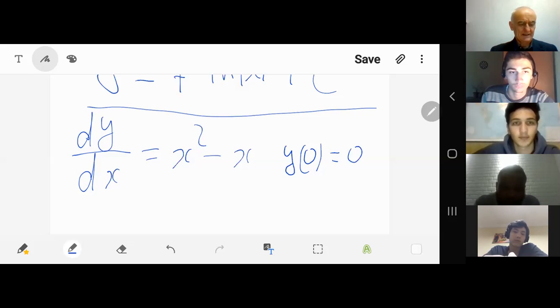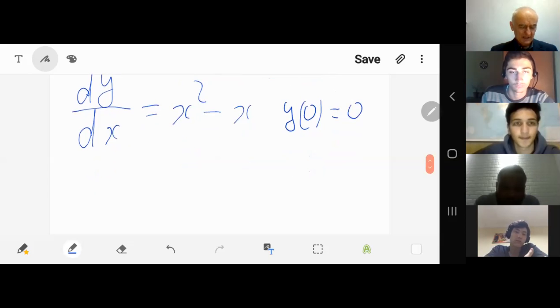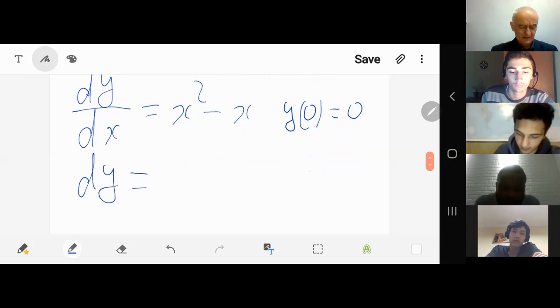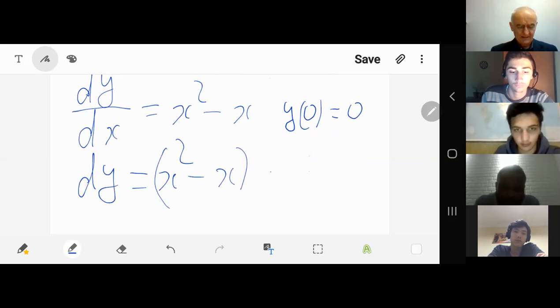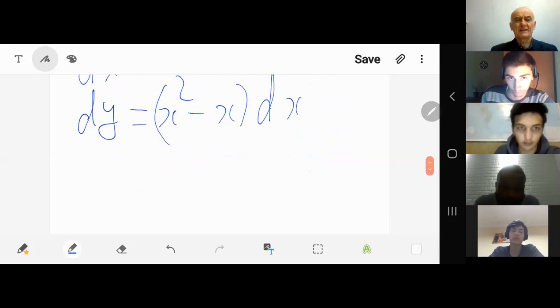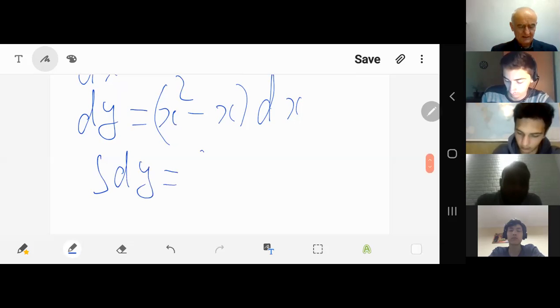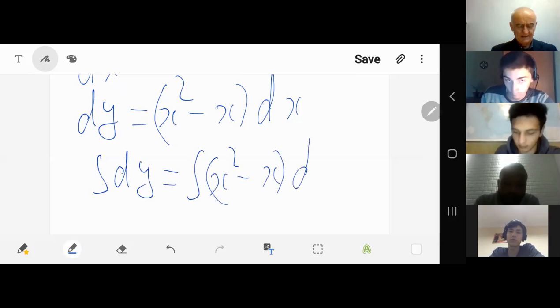Okay, let's continue. From this equation, dy equals (x squared minus x) dx. Now I will take integrals: integral of dy equals integral of (x squared minus x) dx.